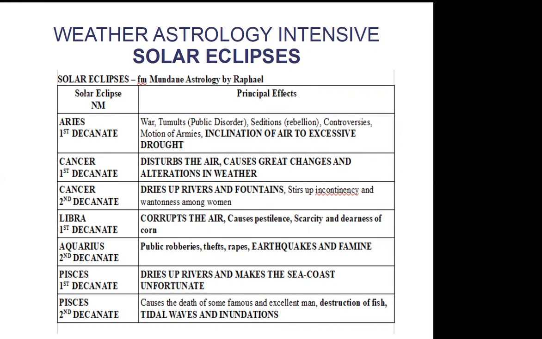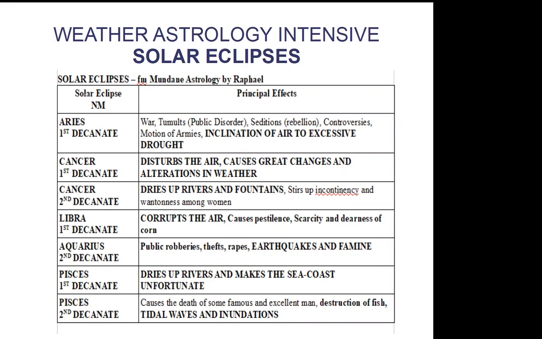First decanate of Cancer, great changes and weather alteration, so disruption. Second Cancer decanate, it dries up rivers and fountains. Libra first decanate corrupts the air. Pestilence, and scarcity and dearness of corn. So that's a knock-on effect of having the weather not right for the crops and causing pestilences. That's probably the locusts that Phil Nelson was interested in.